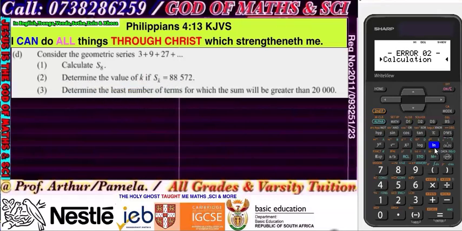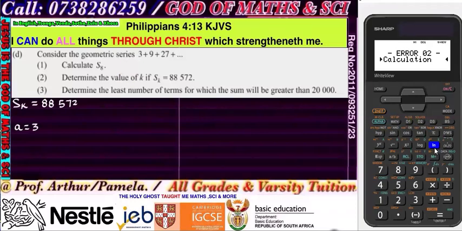Our formula tells us that in the data I've got S subscript K, which is given to me, 88,572. And if I'm looking for the A, which is the first term, there it is.